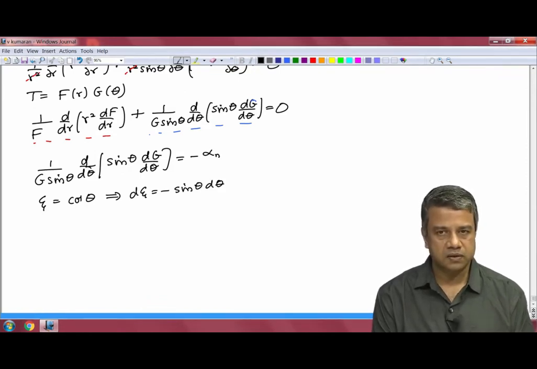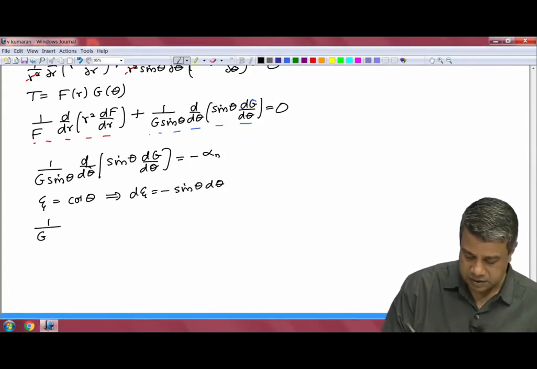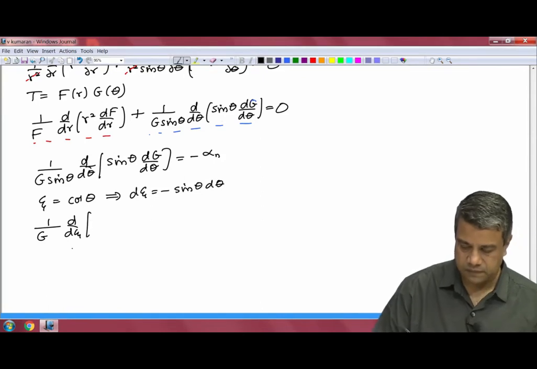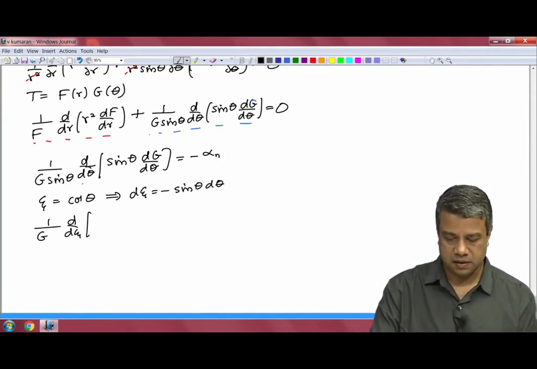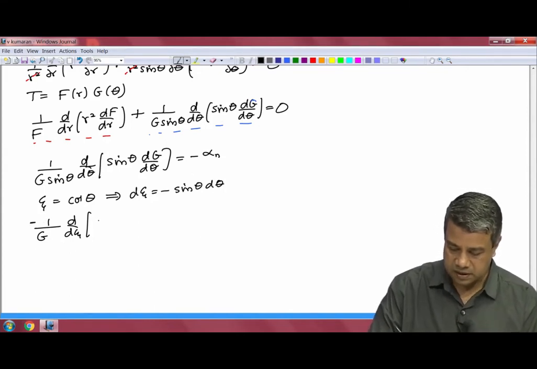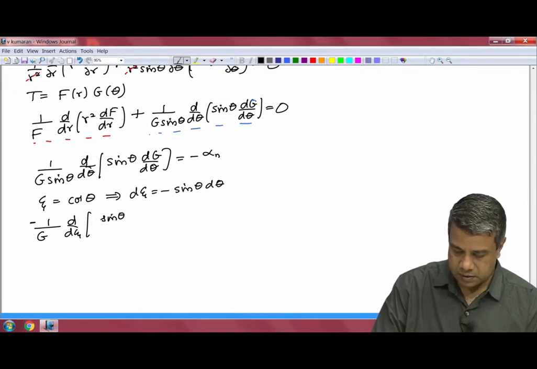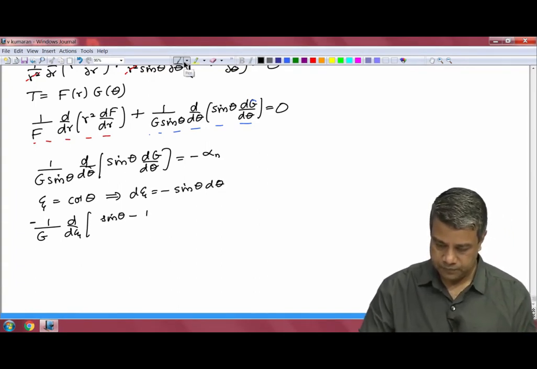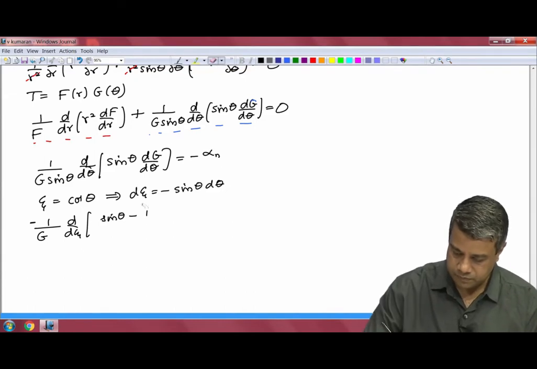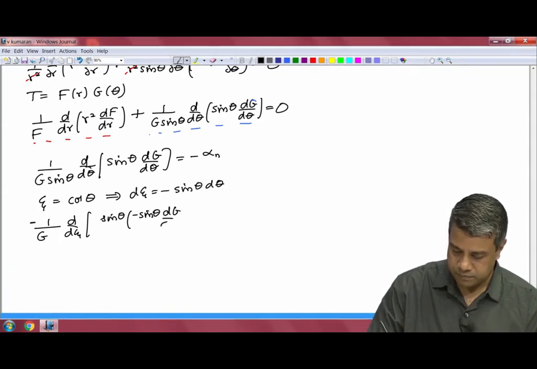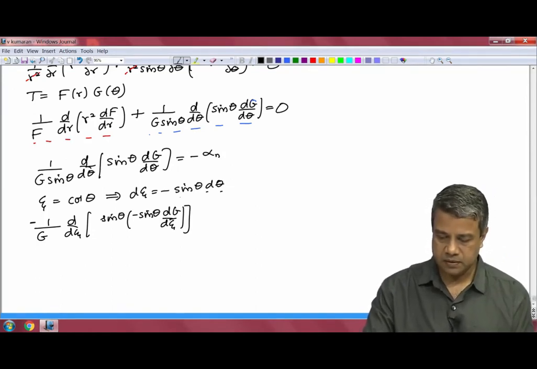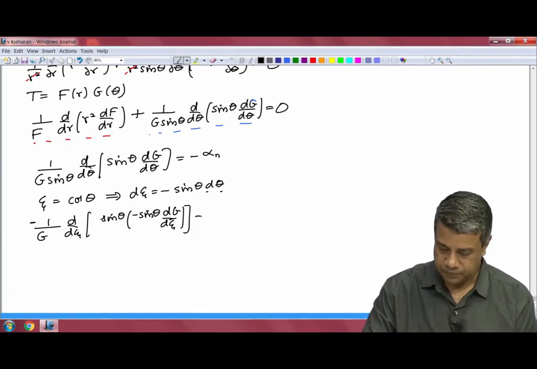If I substitute that into this equation, I will get 1 over g d by d psi of sin theta, and for d theta I have substituted minus d psi by sin theta, minus alpha n.